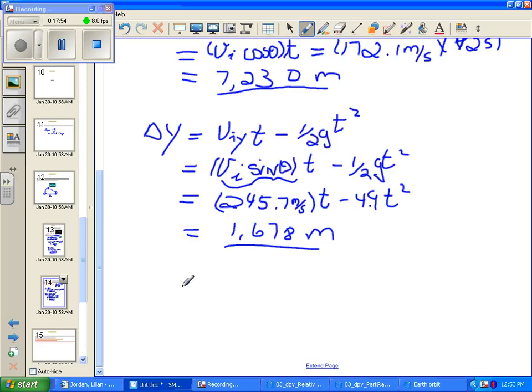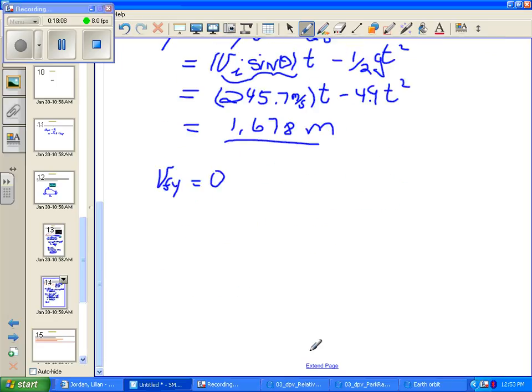To reach maximum height, we set v final in the y direction, the y component of velocity, equal to 0, because this is the point where the projectile is momentarily suspended in the air. It's the difference between moving up versus the next instant moving down. We set that equal to v initial y minus g t, and solving for time, we get 25.1 seconds.